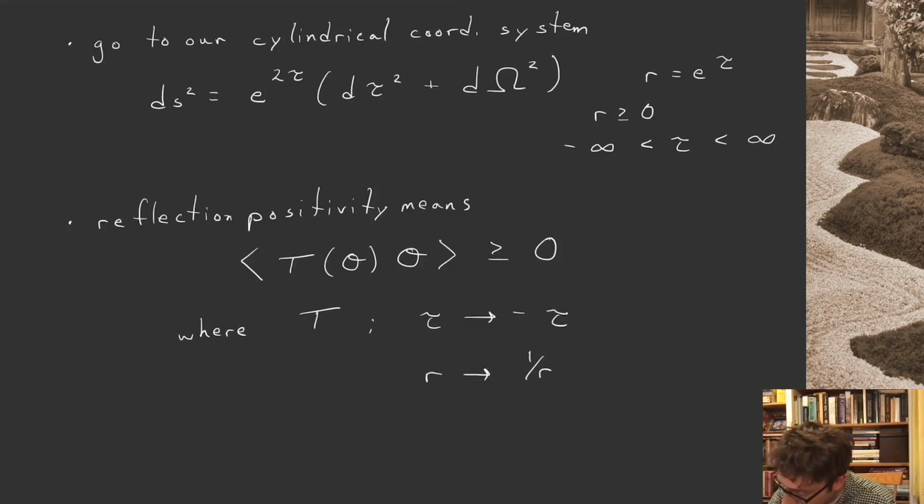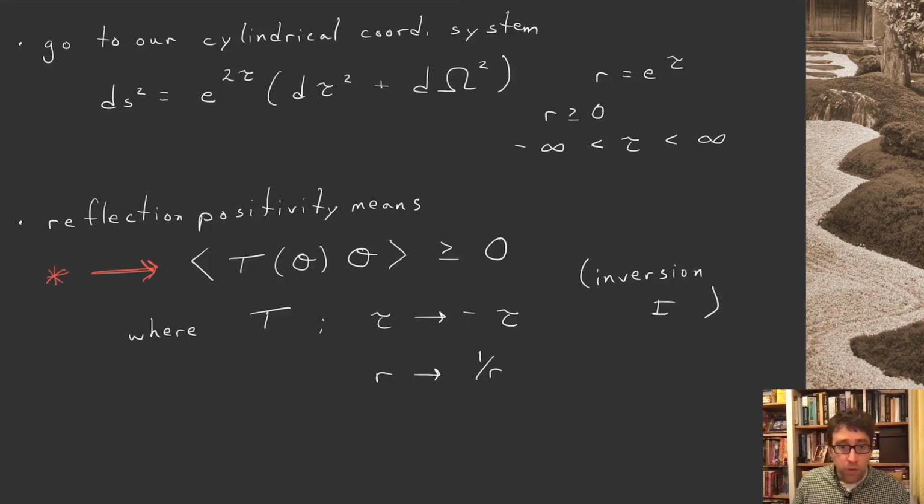This was inversion, what I called I on the previous slide and in previous lectures. This time reversal is the same as the inversion operation on the sphere. So I can equivalently think about reflection positivity as a statement about time reversal in my cylindrical coordinate system.